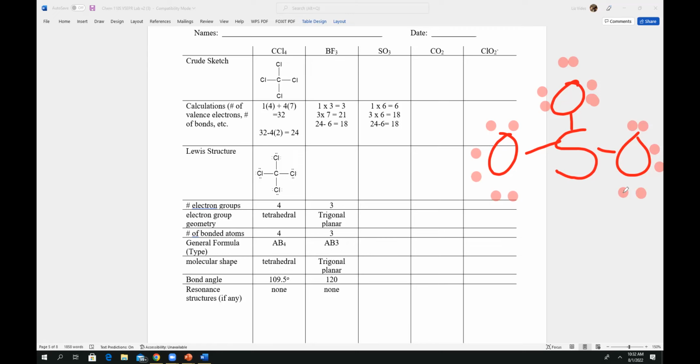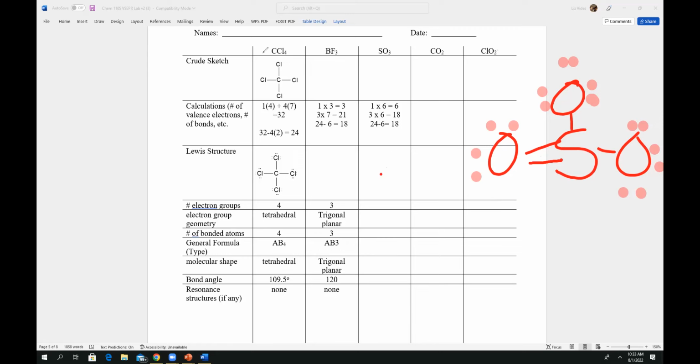We have 18. But sulfur is not an exception. Sulfur needs 8, and it only has 6. So what we do is we take one of these and make it into a bond. Remember, that was part of that second one. So yes, now that we have that, that is the Lewis structure that belongs in here.